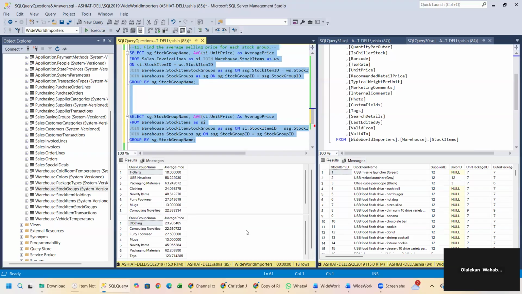So I just want to understand the logic behind it. When we use invoice lines, the unit price inside the invoice lines is the selling price, right? Yes. Because the document that we issue for sales is invoice.